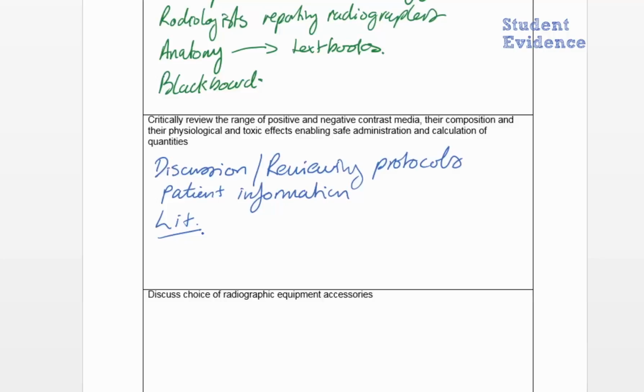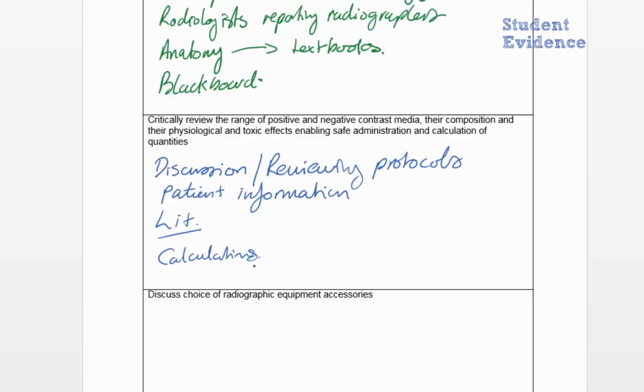Production of free radicals leading to DNA strand breaks has been implicated as well with the use of contrast media. And around the calculation of dose, you can give them your own calculations to do if you want to, so something around maybe paediatric administration and those sorts of things.